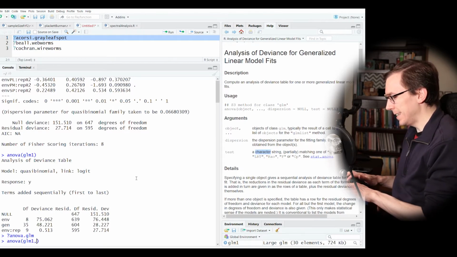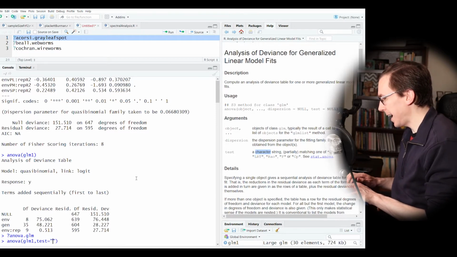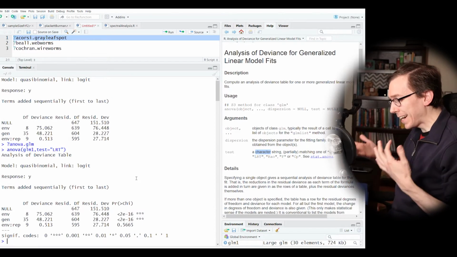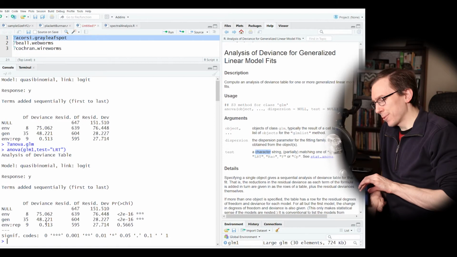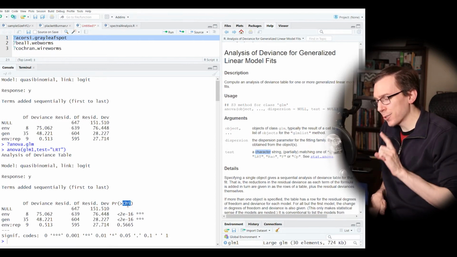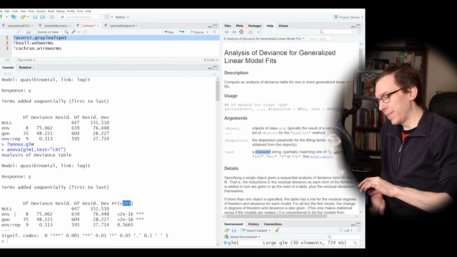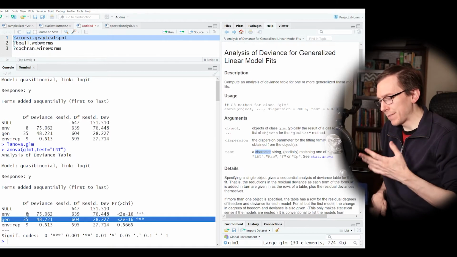So if we instead tell it that I want to run a test, say, a likelihood ratio test, then what happens? Well, now I get some p-values out. So we go back through all this stuff, and it actually computes a p-value. Note that it's a chi-squared test, not an f-test. And we find, at least in this case, that both the environment and the genotype are very significant.